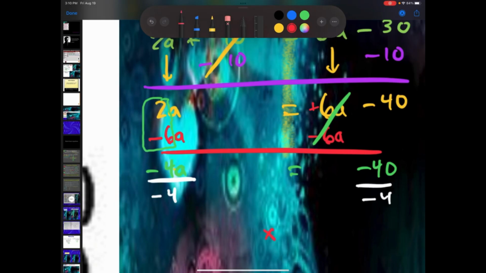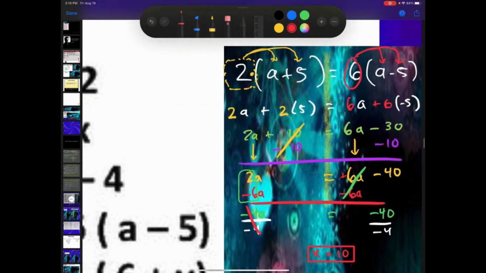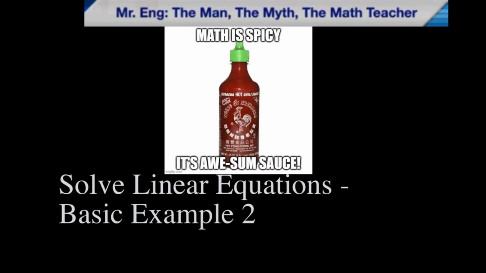Therefore, x is equal to positive 10. In multi-step equations in this problem, we had to distribute, get the terms together, and then solve for that variable. Uh-oh. What did I do wrong at the end? We were solving for what variable? A. My bad. Say it again.